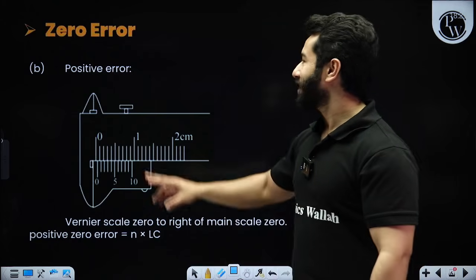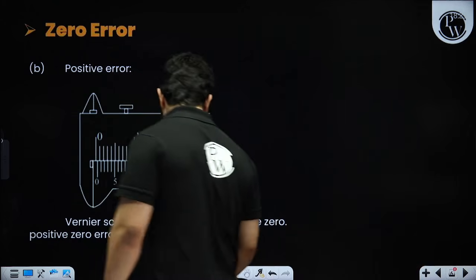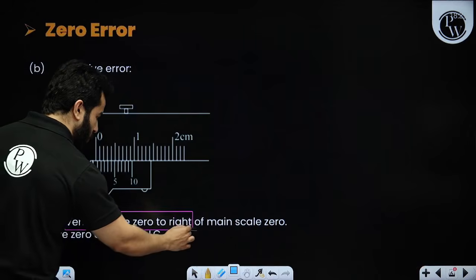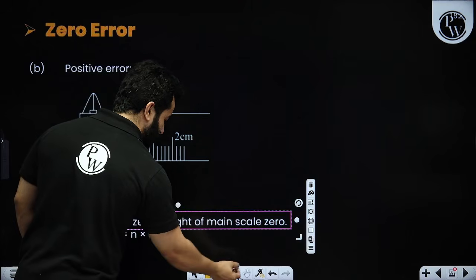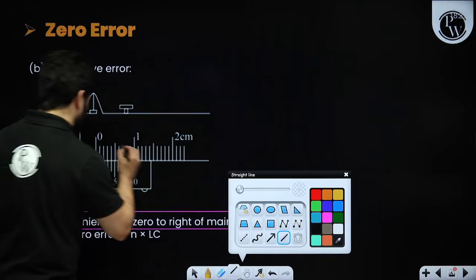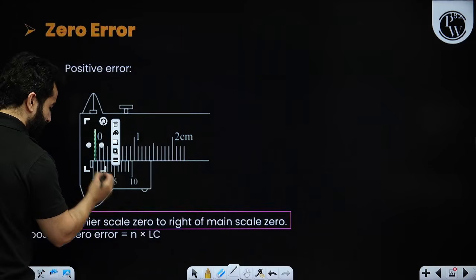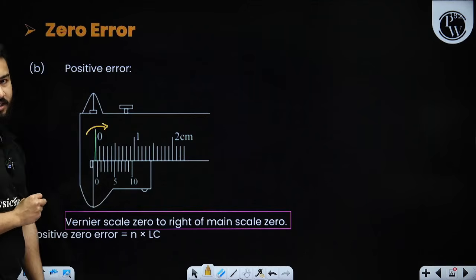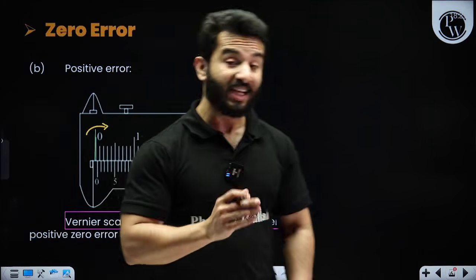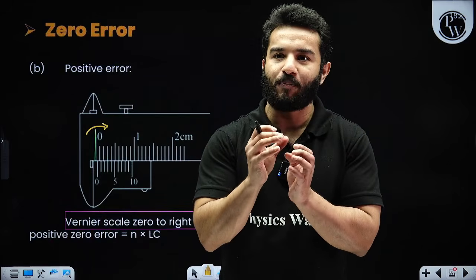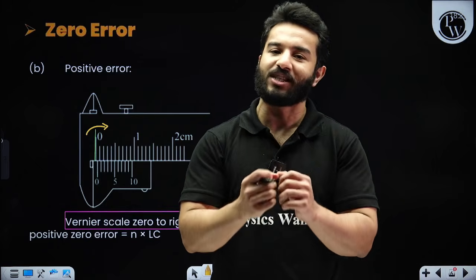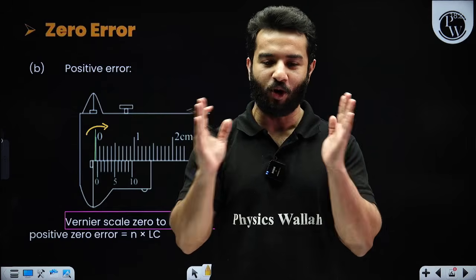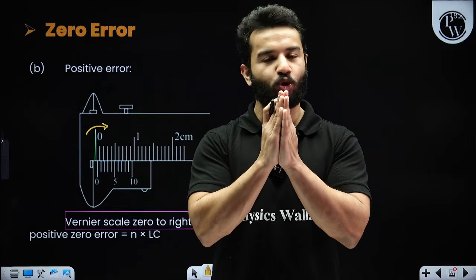It means that it has some positive error, and the most important point is that if the Vernier scale 0 is towards the right hand side of the main scale, that means this is the main scale, this is the 0 of the main scale, and the 0 of the Vernier scale is towards the right hand side of the 0 of the main scale. That means the Vernier caliper is already measuring some length even when there is nothing between the jaws and the jaws are perfectly joined together.